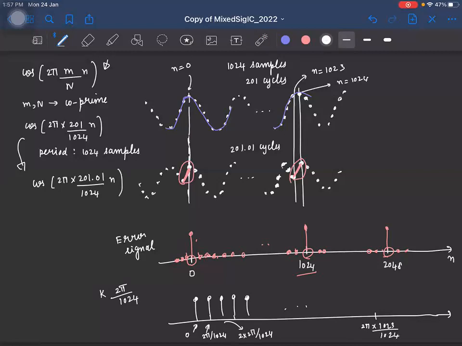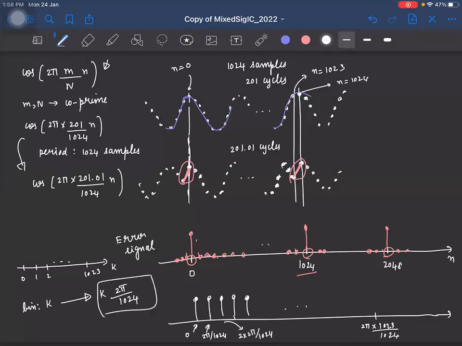Now if you take a 1024 point DFT, we'll have a total of 1024 bins, starting from 0, 1 till 1023. And you know that each bin K corresponds to a frequency of this.